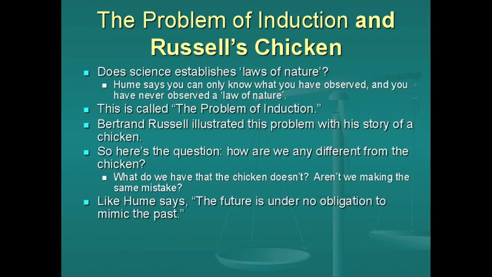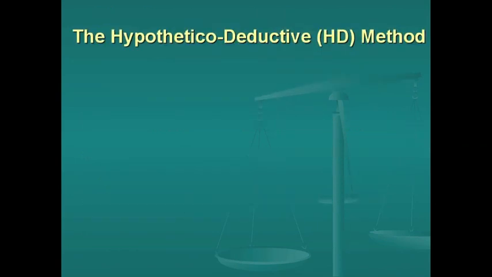So if Hume is right and the future is under no obligation to mimic the past, then we can't really say with deductive confidence that we know that tomorrow all our scientific principles, all our inferences will still hold. It might turn out that all of those turn out to be faulty or false. And that means that we cannot say with confidence that we know any of these things to be true. So the problem of induction undermines a lot of our claims to knowledge, and basically all of science. One way of reading the problem of induction is saying basically that it eviscerates all of science's claims to knowledge.